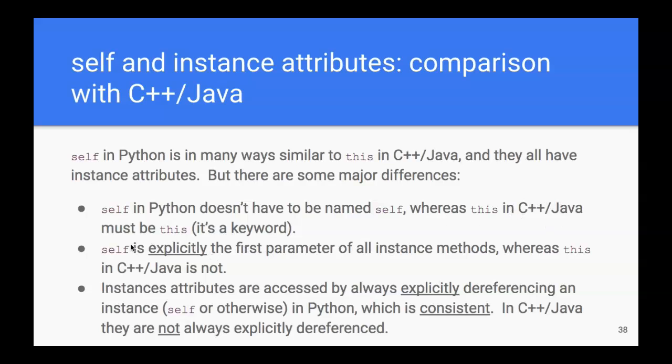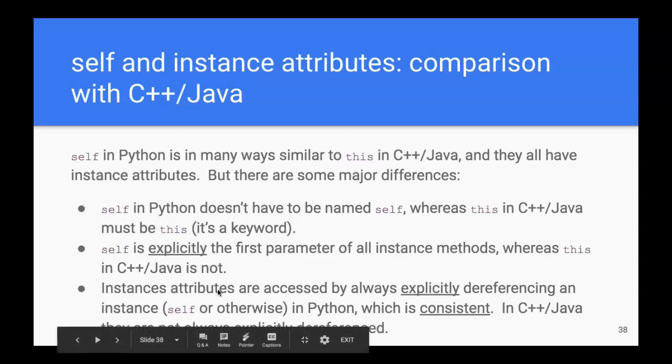Secondly, I know I probably sound like a broken record by now, but self is explicitly the first parameter of all instance methods. But this in C++ and Java is not. There's no explicit first parameter of any instance method. And finally, instance attributes in Python are always accessed by explicitly dereferencing an instance.